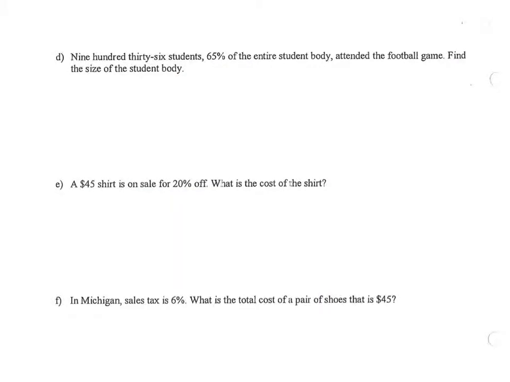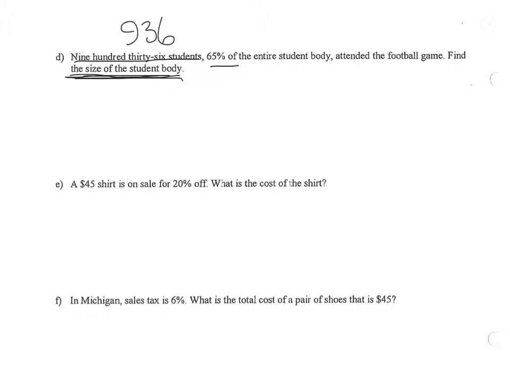Okay, more word problems. 936, which comma is 65% of the entire student body attended the football game. Find the size of the student body. So we are trying to find the whole student body.